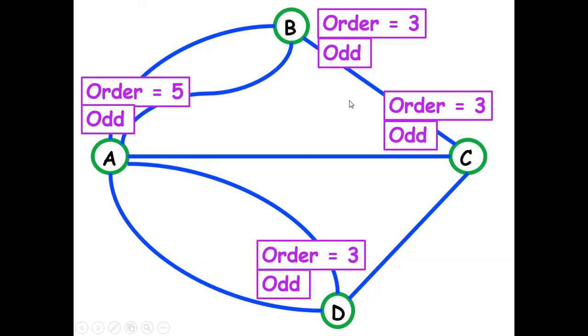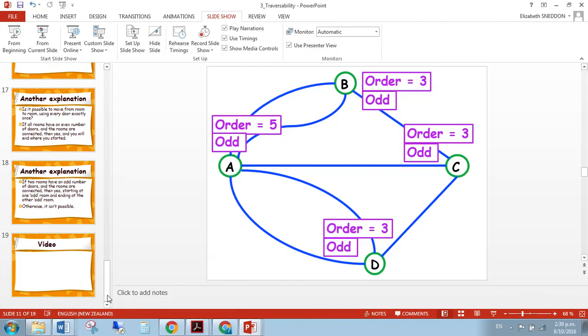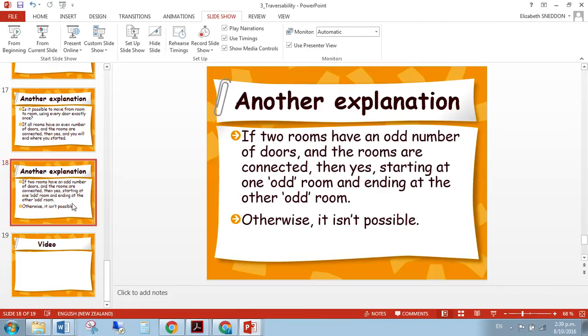Then I've got 2 remaining nodes that are odd, but because I've got 2, the network would be traversable. So I could add or take away an arc to make this network traversable.